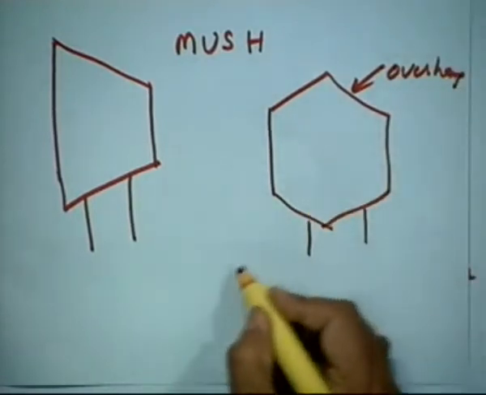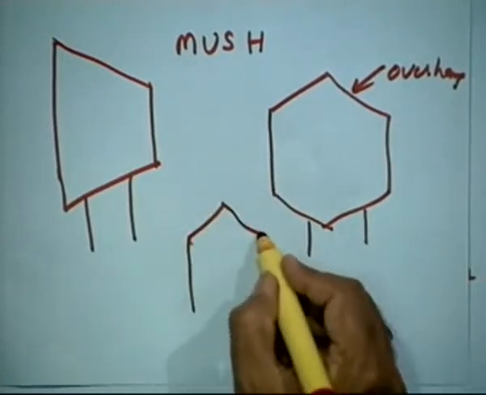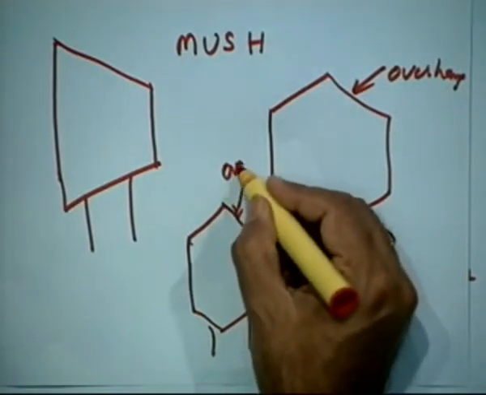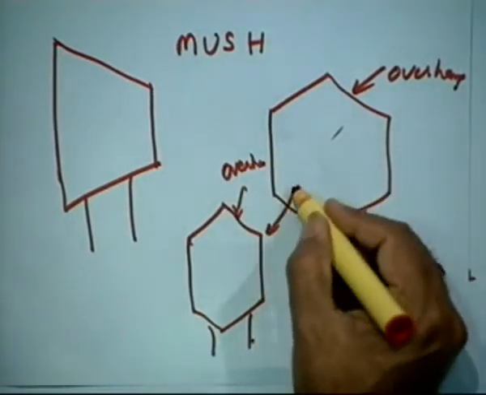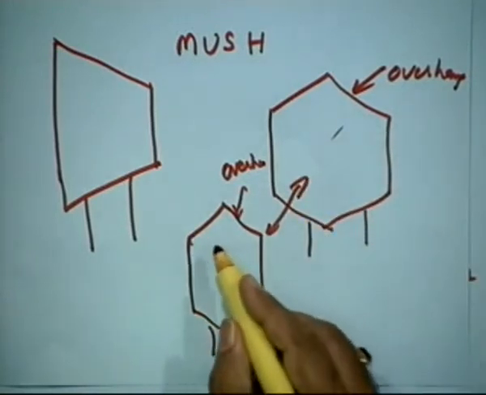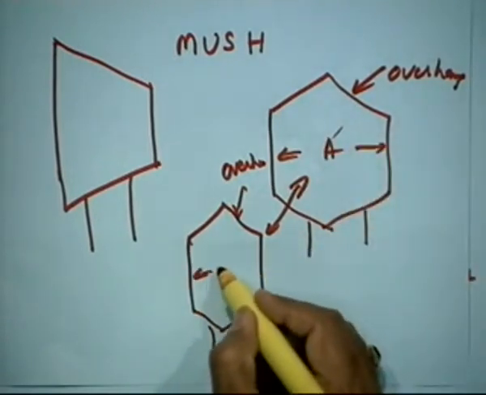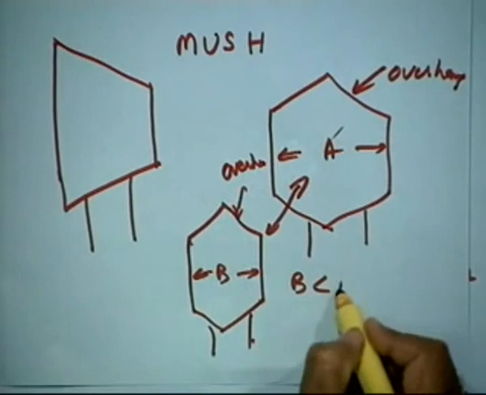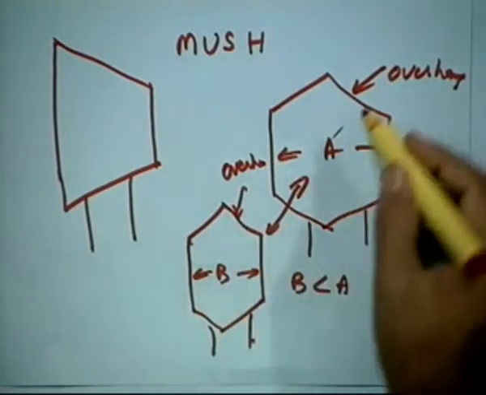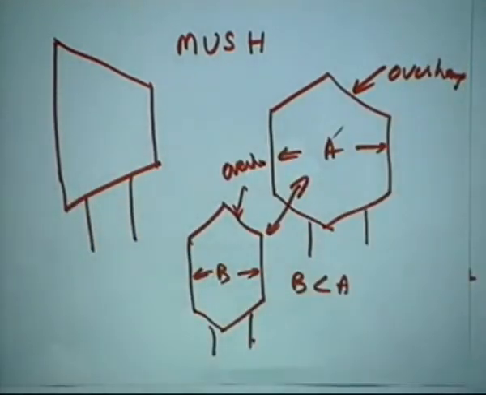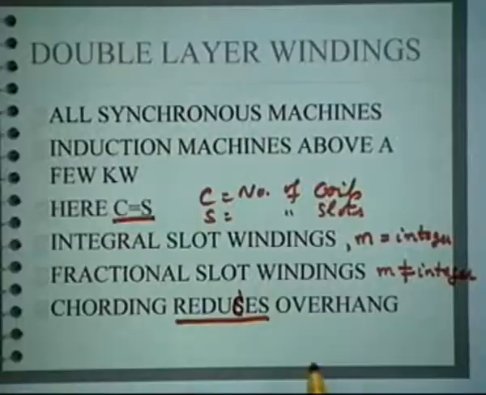And if you make a smaller coil, this overhang between these two, what do you notice? Which is small? So if this coil span is A and this coil span is B, with B less than A, the overhang here is less than the overhang of this. That means you don't have to pass through a longer length at the end. That is one of the advantages of short chording, apart from the MMF. So that's one thing you must know, it reduces overhang. Okay.